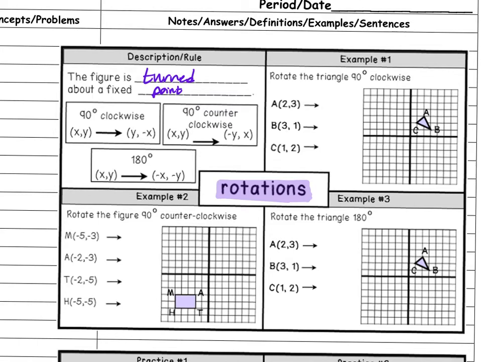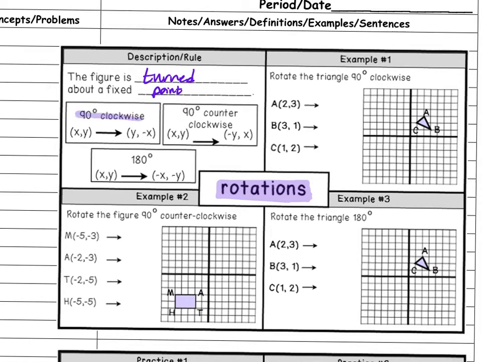There are other ways to work with it, but I think that for me especially, the rules work best. And remember, we talked about clockwise and counterclockwise already in our first lesson on translations. If you don't remember what they mean, you can look at the glossary at the end of the unit.